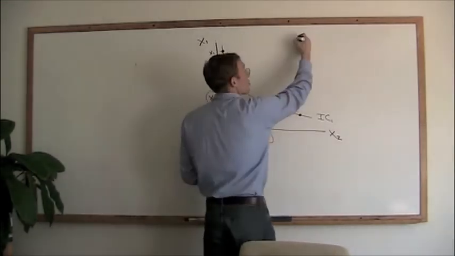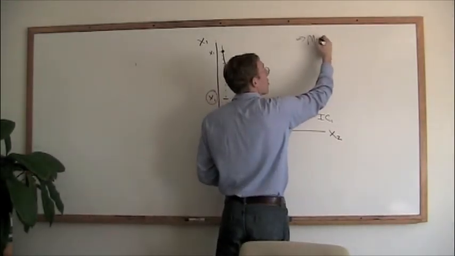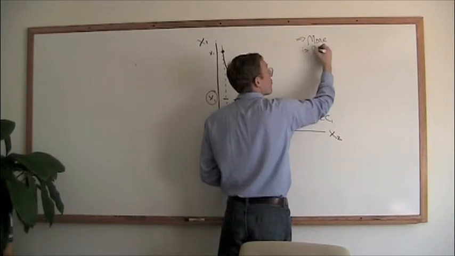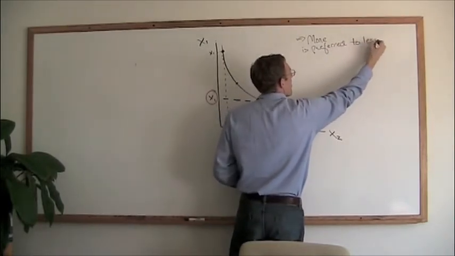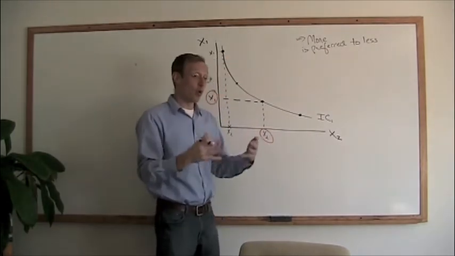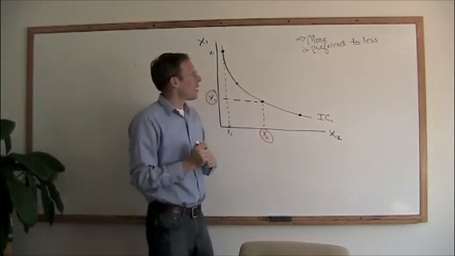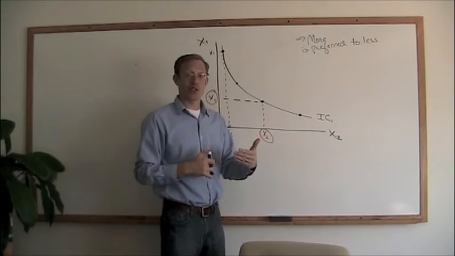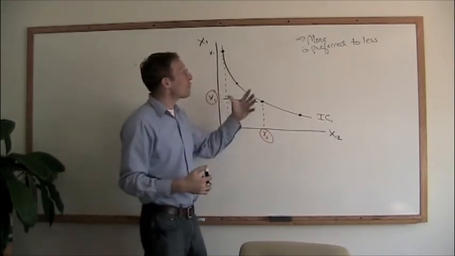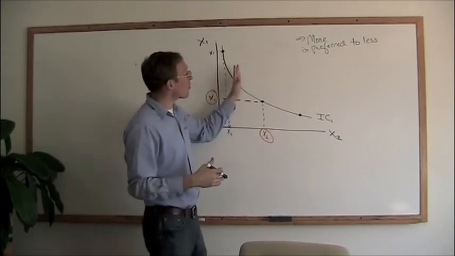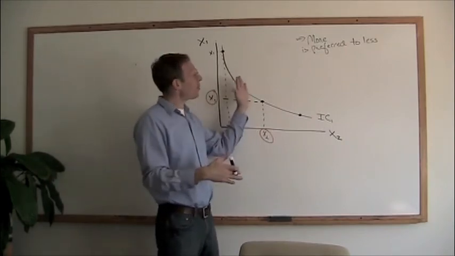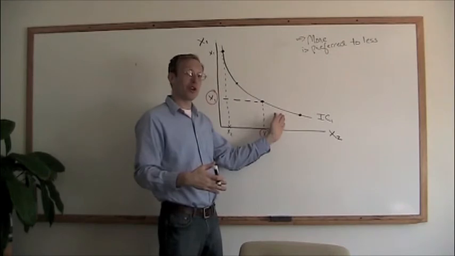And one of those assumptions is that more is preferred to less, at least for goods that are normal goods. You'd prefer to have more of x1 and x2 together, but if you had more of both, that would make you happier, and that would move you off of this indifference curve.